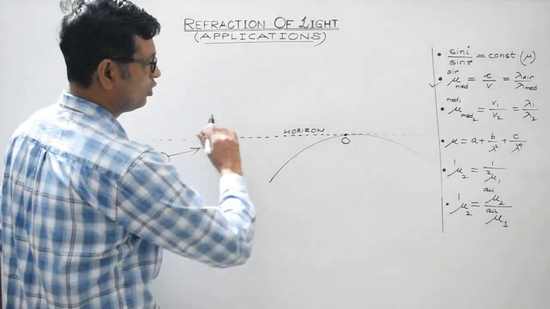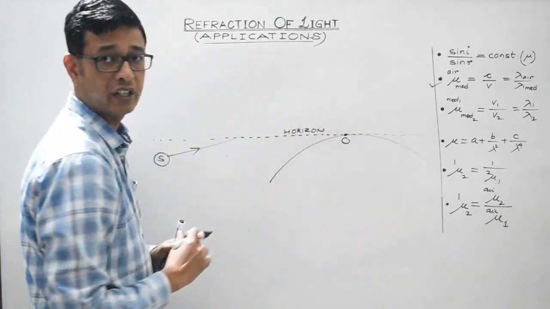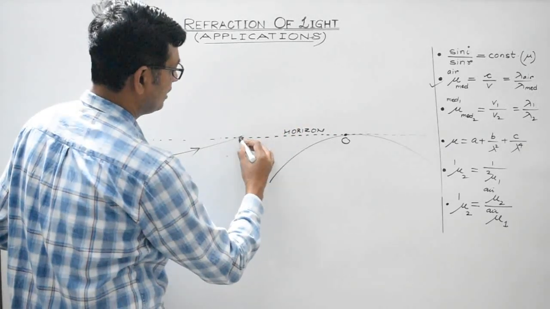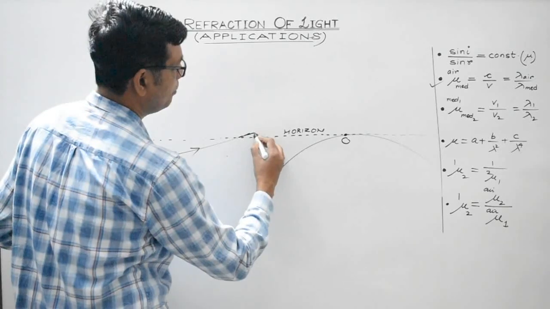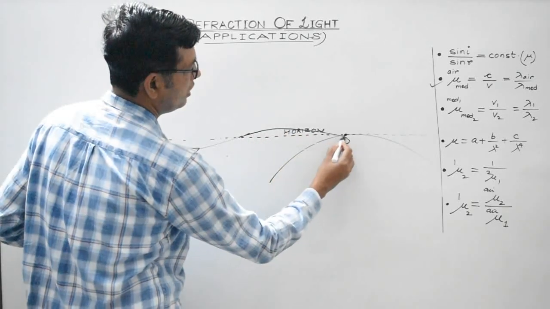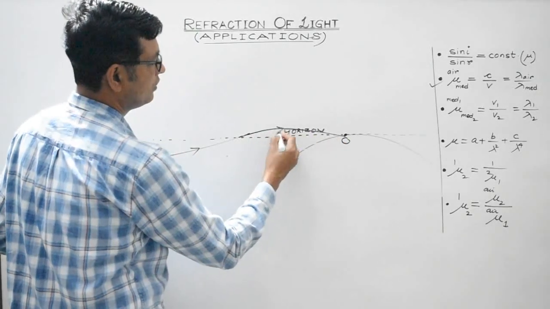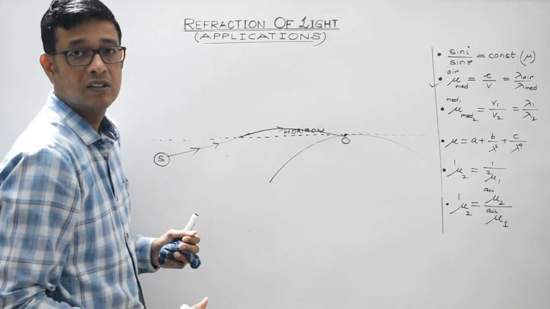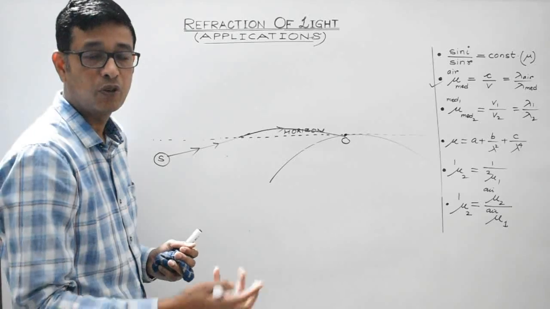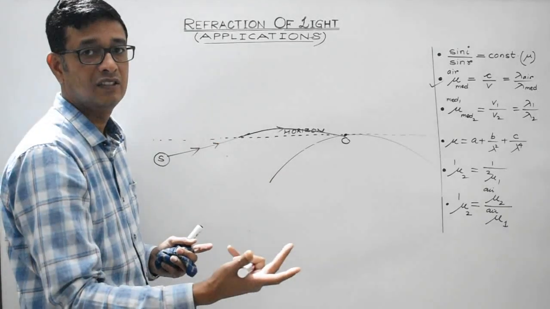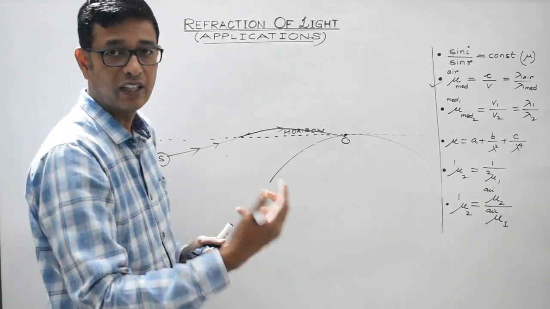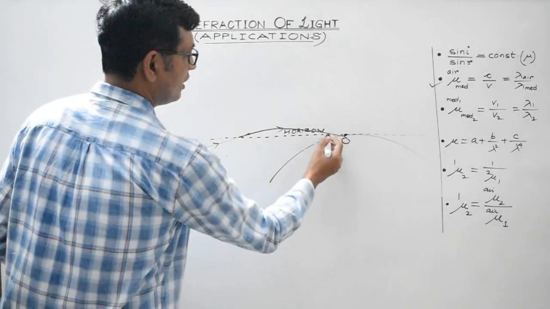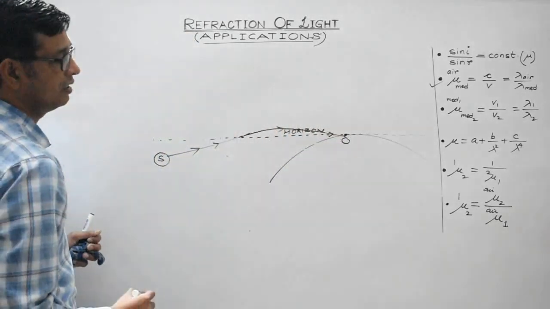Actually, there is no definite boundary. But as it enters the Earth's atmosphere, it will keep on bending like this, and eventually it will enter the observer's eye. So this bending takes place due to the fact that light is traveling from rarer to denser, and whenever light travels from rarer to denser, it tends to bend towards the normal. So now it will reach the observer's eye.